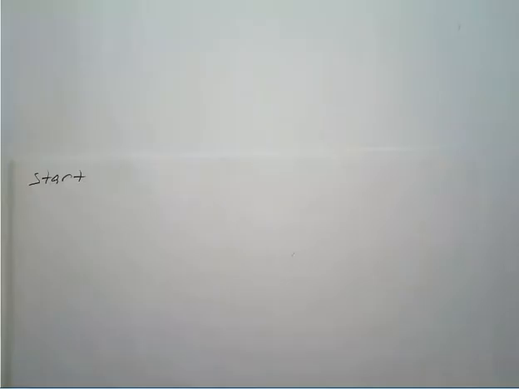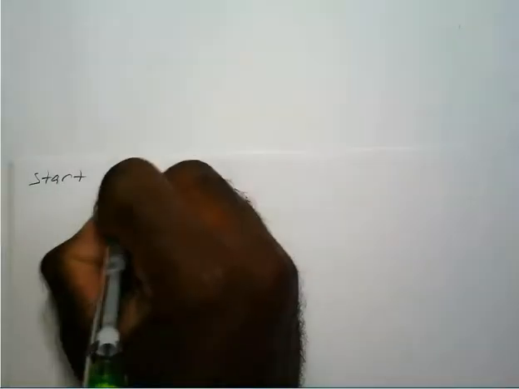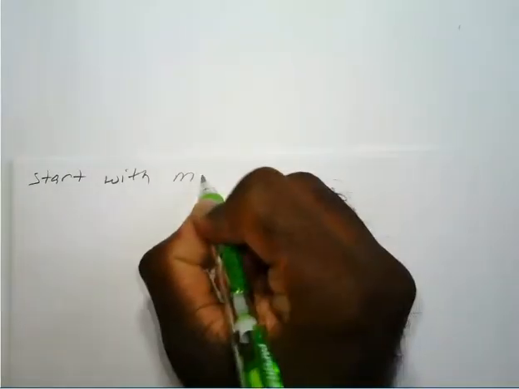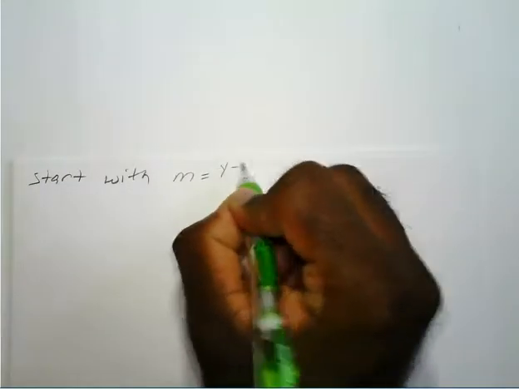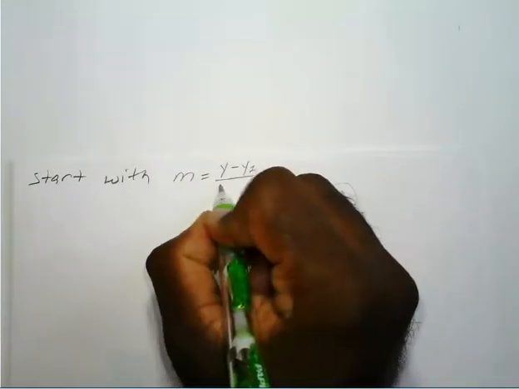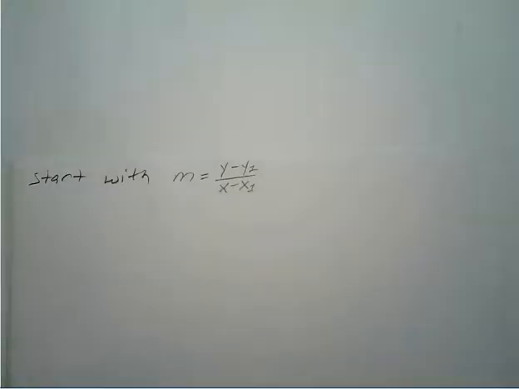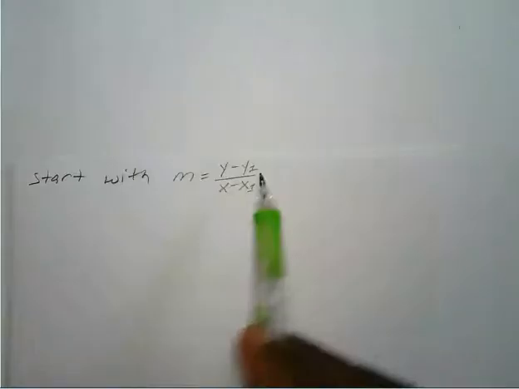Believe it or not, we're going to start with the formula to find a slope. Your slope is equal to y minus y1 over x minus x1. That's when you know your one point, your x1 and y1, but you don't know a second point.